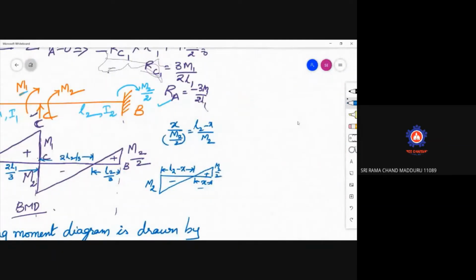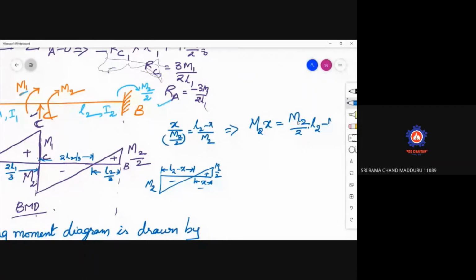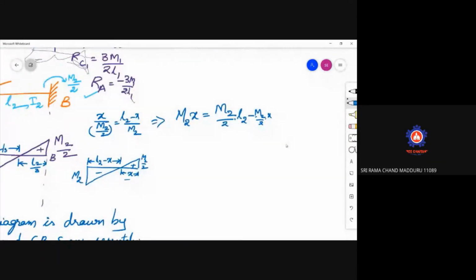Now do cross multiplication: M2 into X is equal to M2 by 2 into L2 minus X. You can cancel M2 on both sides. The remaining term is X is equal to L2 by 2 minus X by 2.